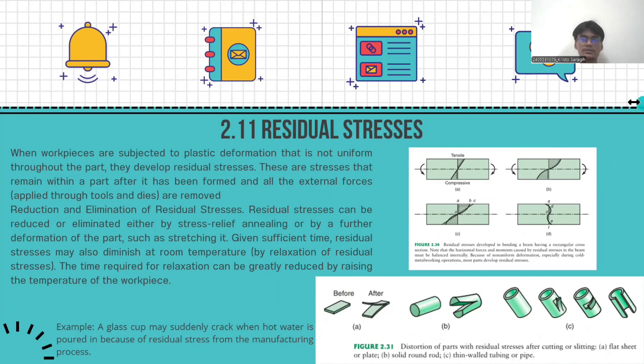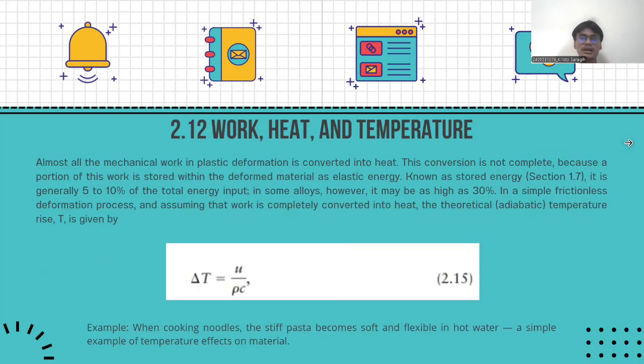And the last, work, heat and temperature. Almost all the mechanical work in plastic deformation is converted into heat. This conversion is not complete because a portion of this work is stored within the deformed material as elastic energy, known as stored energy. It is generally 5 to 10% of the total energy input.